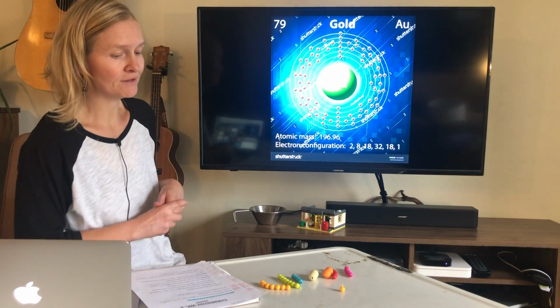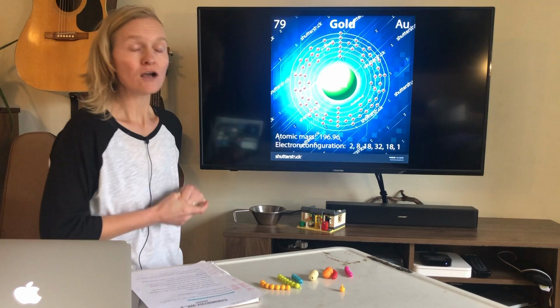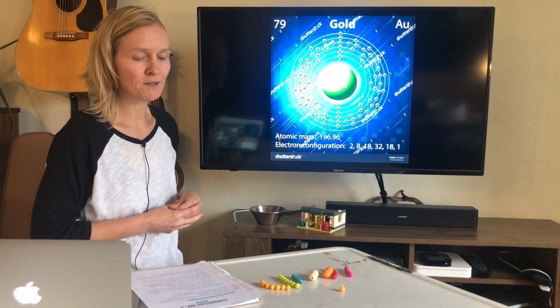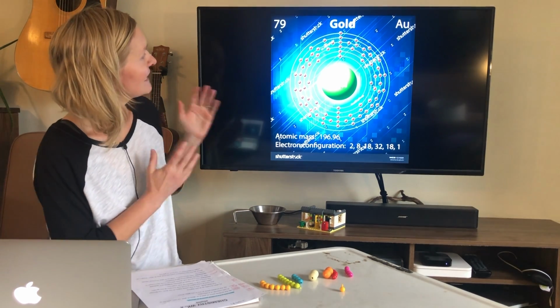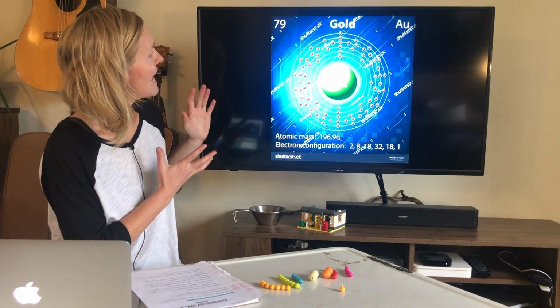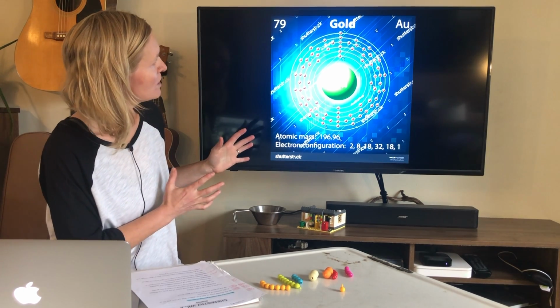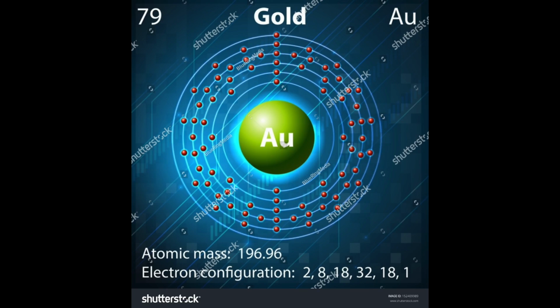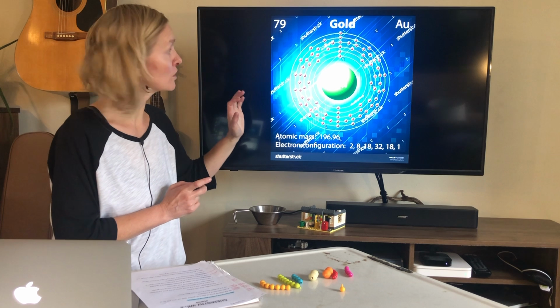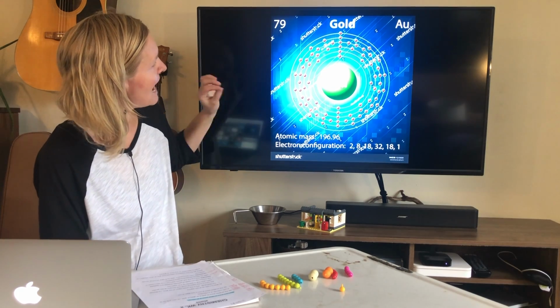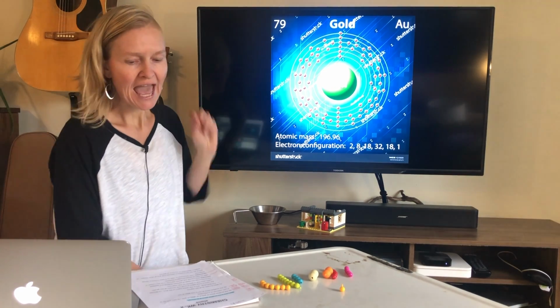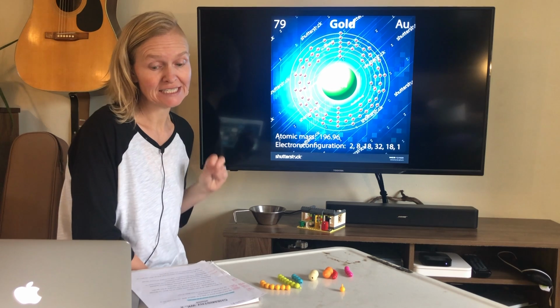An example of this would be gold. We talked a little bit about gold last week, and here we have an atom of gold. Remember that the gold element is named after its Latin name, aurum, and so here you have an atom of gold, and it's really, really tiny.